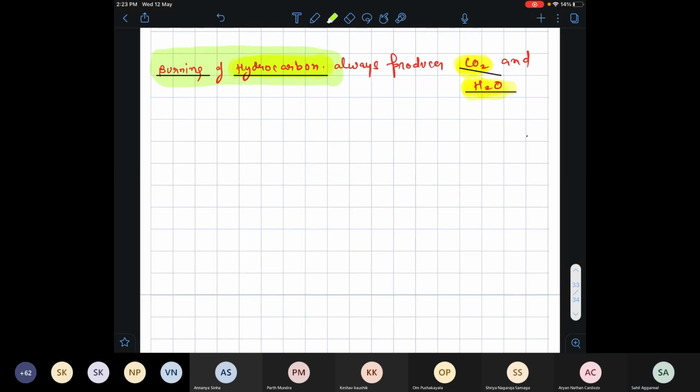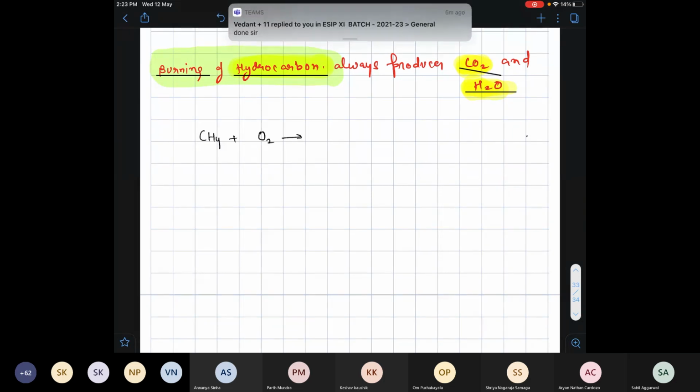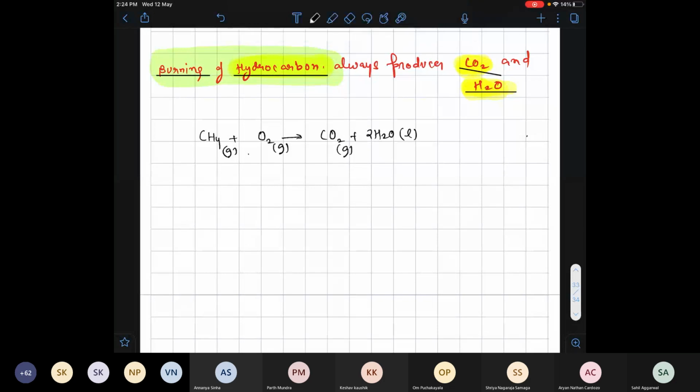Any doubt? So could you scroll on top for a second?